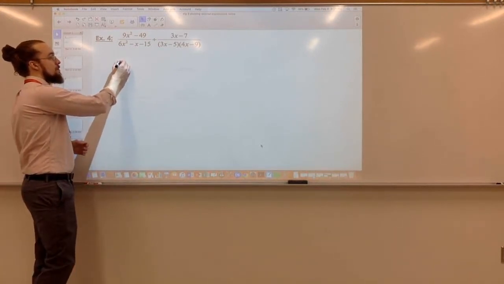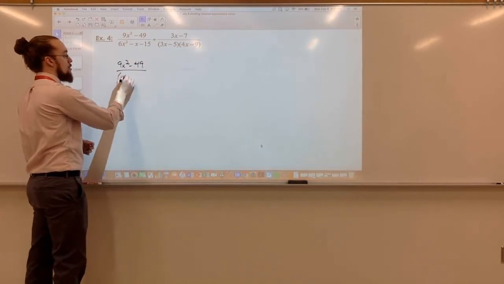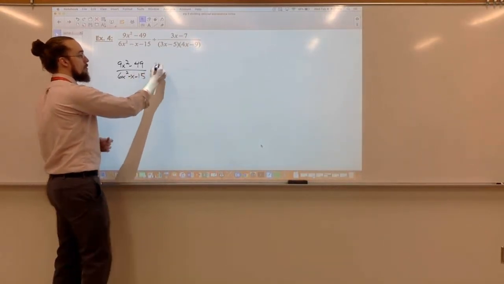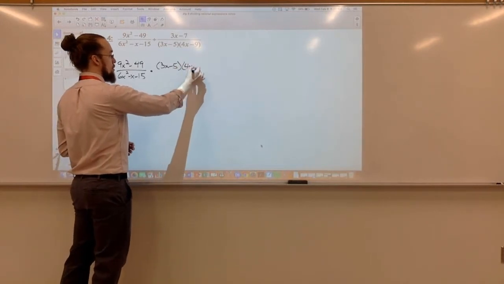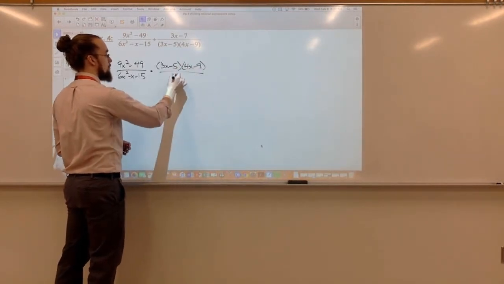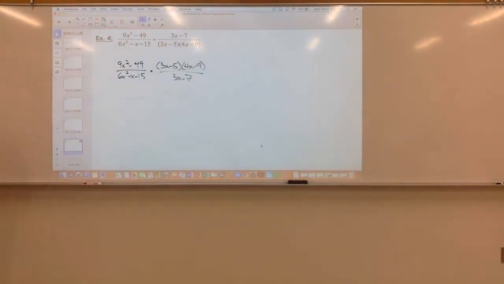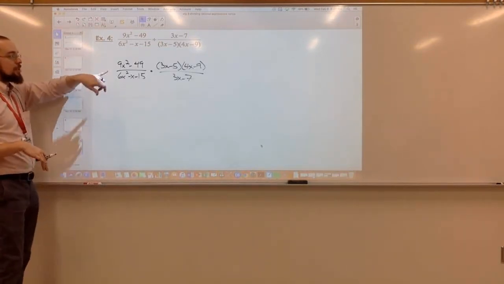You gotta flip it. So the first one stays the same, multiplied by the reciprocal of the second one. Now what? Now we simplify, right? So we want to factor everything we see.